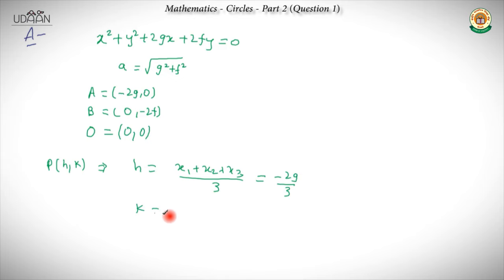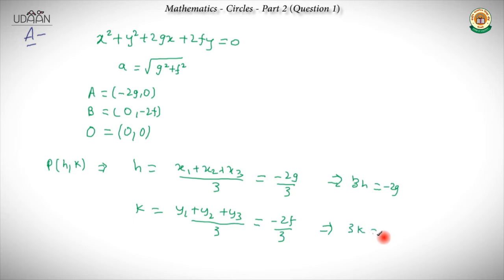And k equals y1 plus y2 plus y3 by 3, which becomes minus 2f by 3. So this implies 3h equals minus 2g and 3k equals minus 2f.